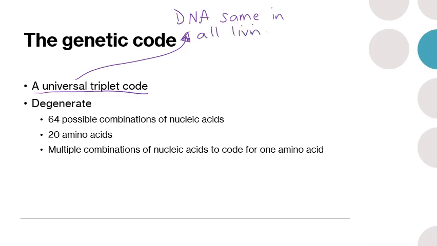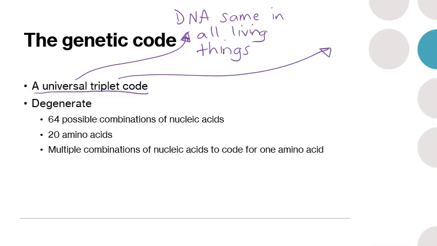So that means that the DNA from a bacteria could be picked up and put into a human, and it would be exactly the same. Wouldn't necessarily work if we just did it like that. There's other steps involved. But the DNA that's in you is the same as in me, is the same as grass or cats or snails. That DNA is all the same.